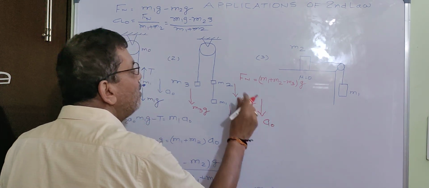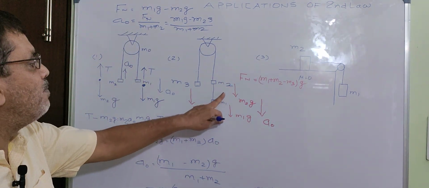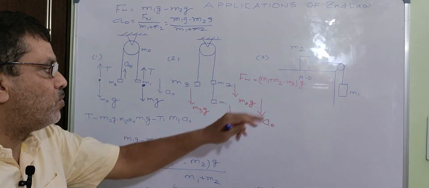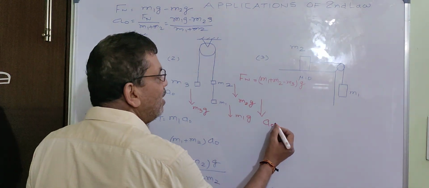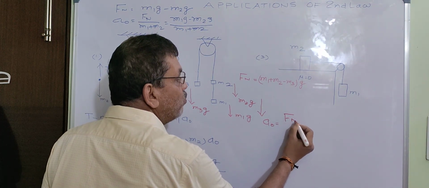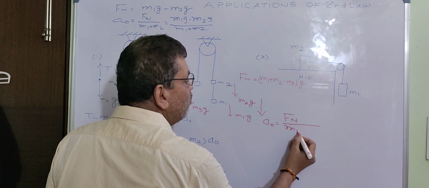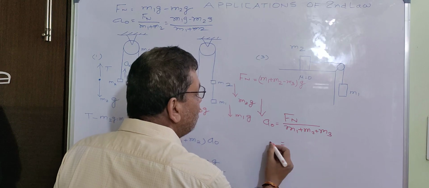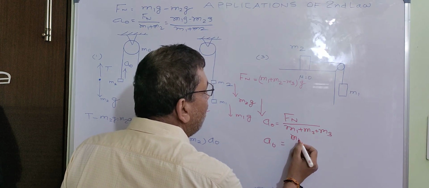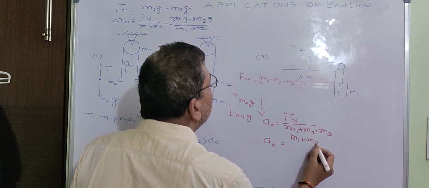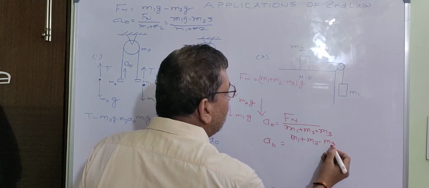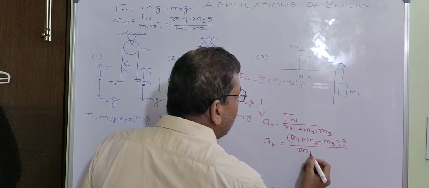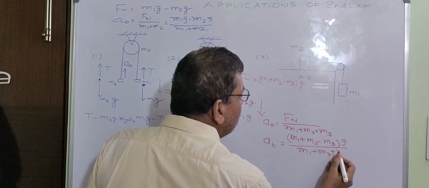So I can say the net force here is (M1 plus M2)g minus M3g. So I can write this acceleration A as net force by total mass of the system, that is M1 plus M2 plus M3, and this acceleration can be written as (M1 plus M2 minus M3)g by (M1 plus M2 plus M3).